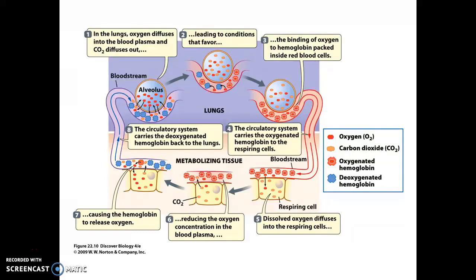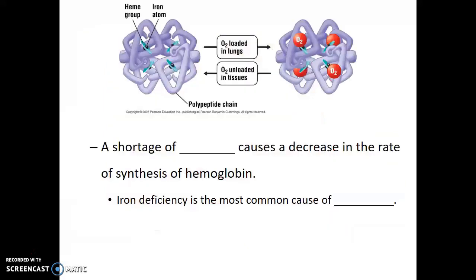Likewise, the carbon dioxide that had been made by those cells while they were performing cellular respiration moves into the bloodstream by way of diffusion. And so by the time those blood cells are leaving the tissues, they will have given off their oxygen and have picked up excess carbon dioxide to repeat the cycle again.